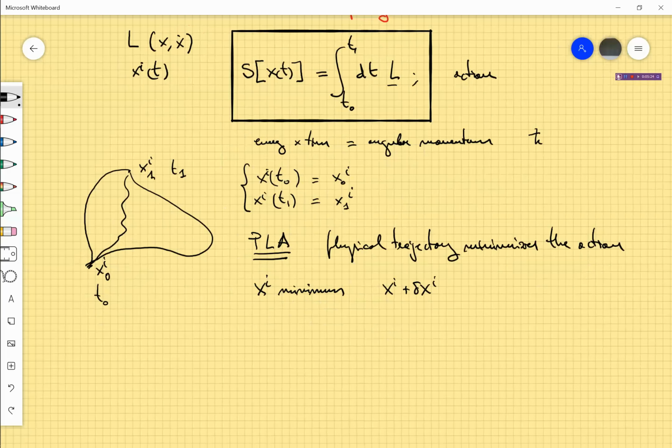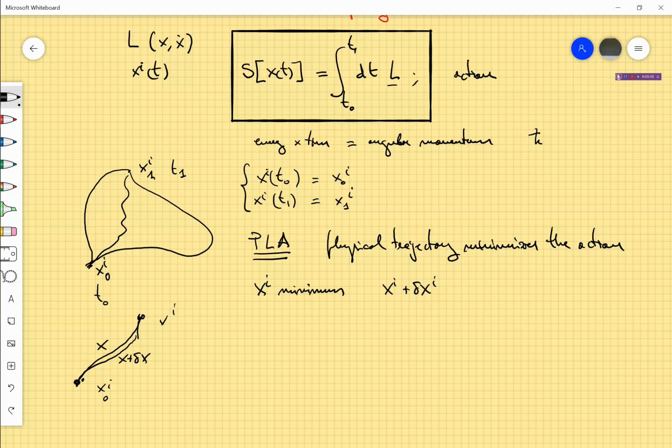So suppose that between x0 and x1 the physical trajectory is something like this, and we are adding some small perturbation, so this would be x, and this would be x plus delta x. The endpoints would be the same, but x plus delta x would be slightly different from x.